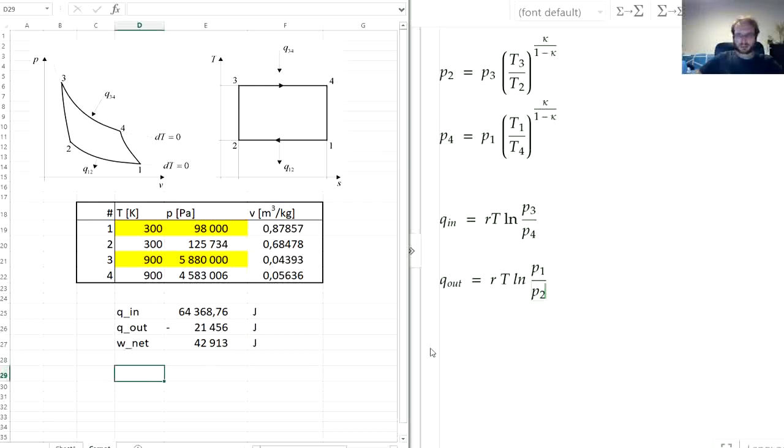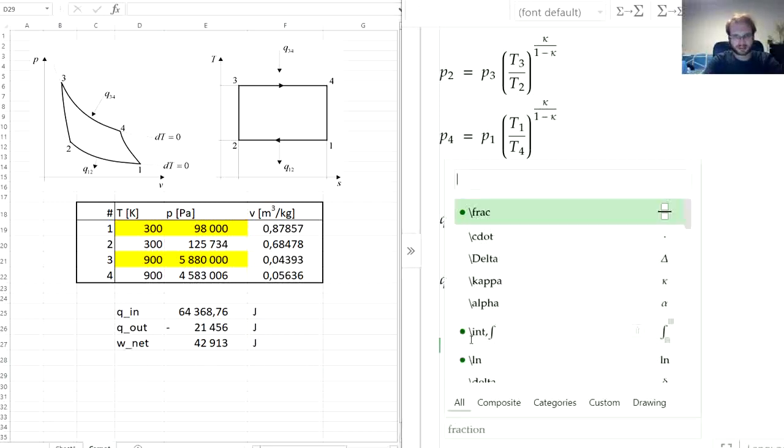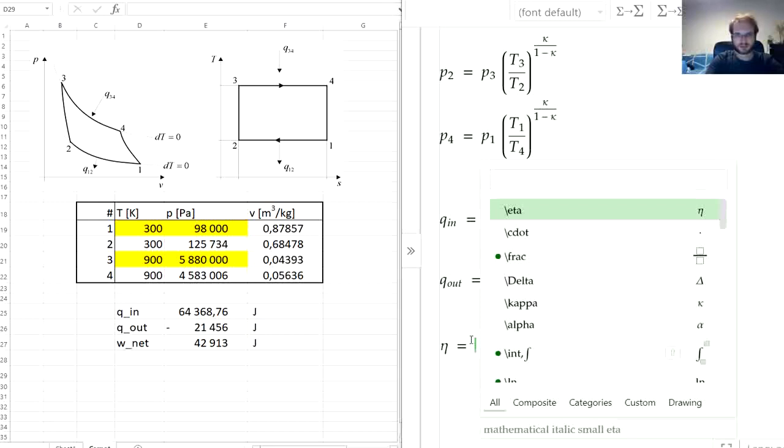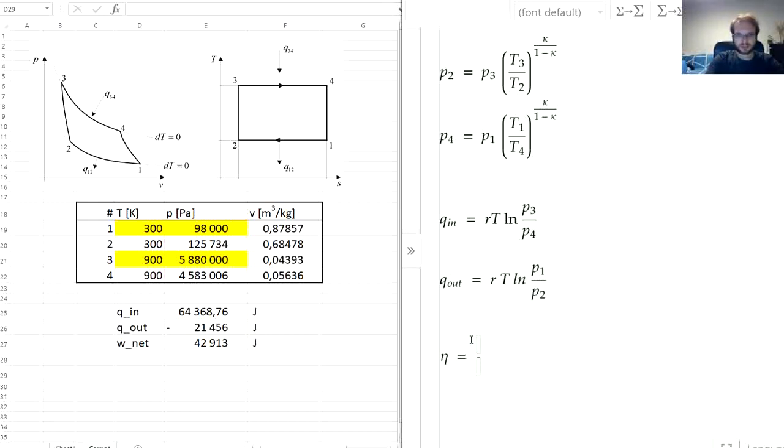Now let's have a look at the efficiency. Efficiency of the cycle is always the ratio of the work output, and we can have it in unit parameters, so net work output divided by heat input.